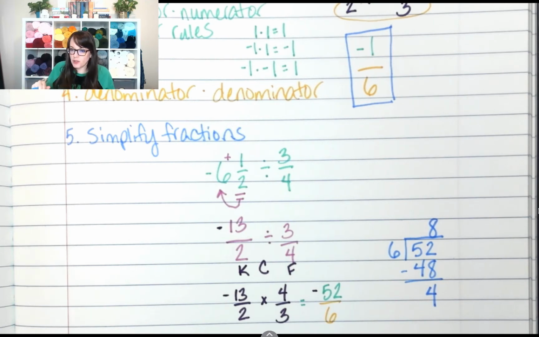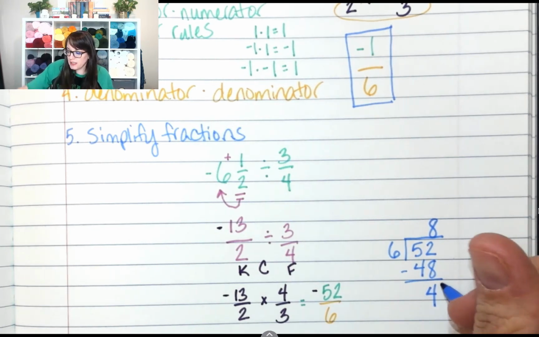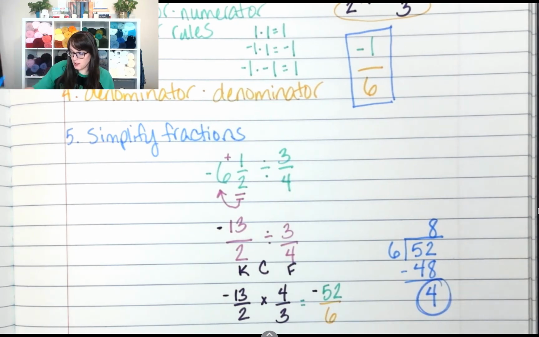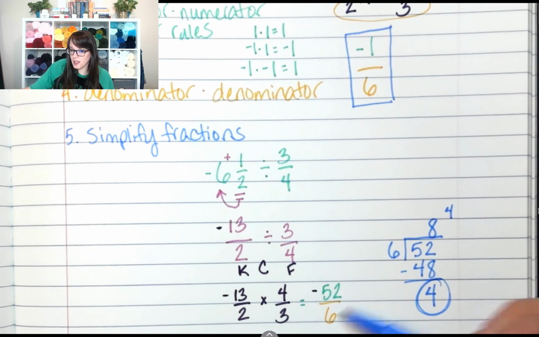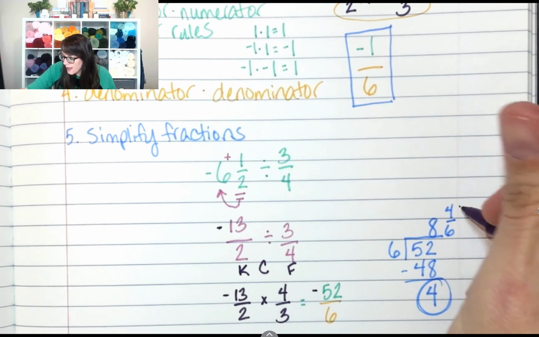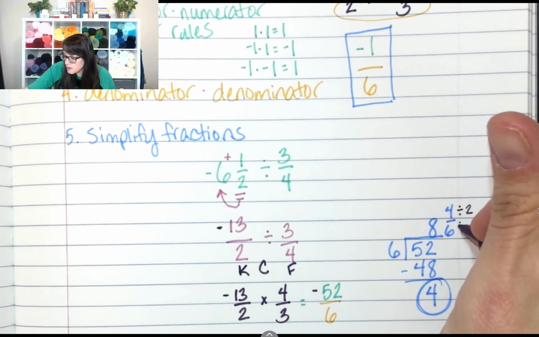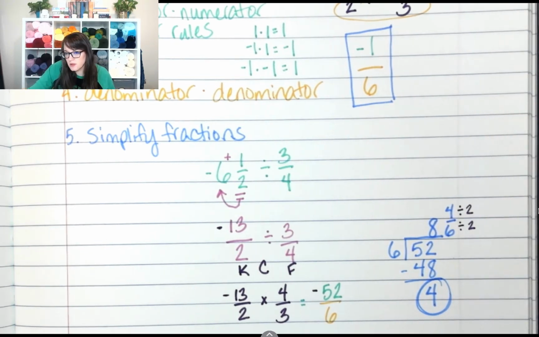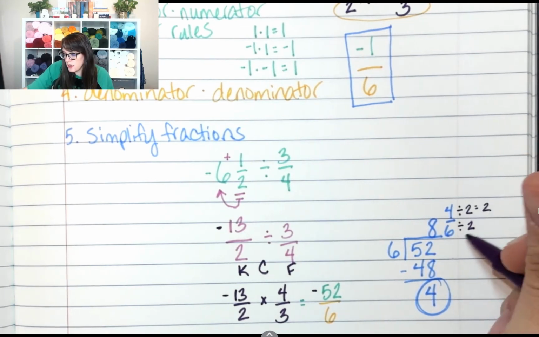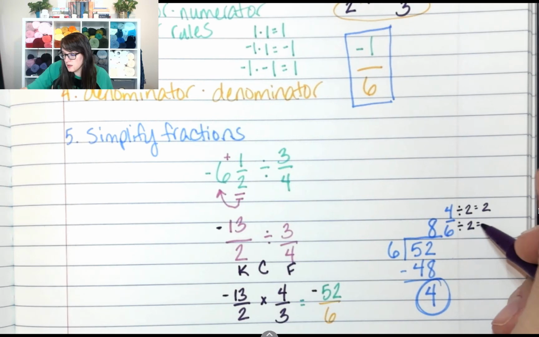I am not going to add a decimal and a 0. I'm going to take this remainder and make it my numerator, and keep my denominator out here. Can I reduce 4 over 6? Yes, I can divide both of these by 2. So 4 divided by 2 is 2, and 6 divided by 2 is 3.